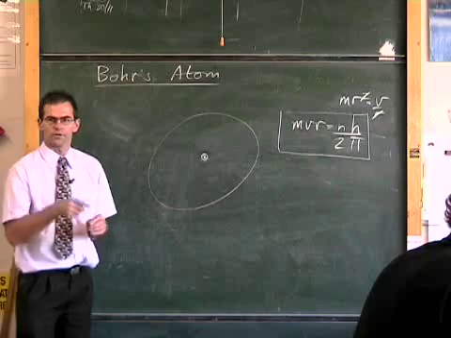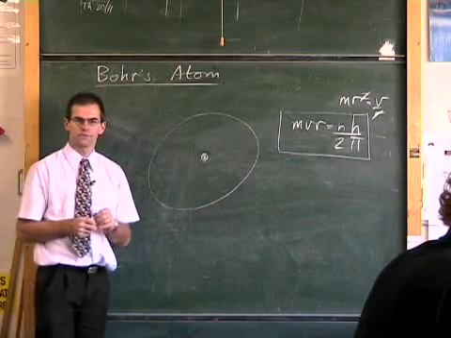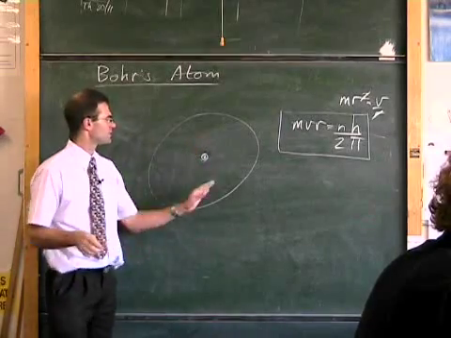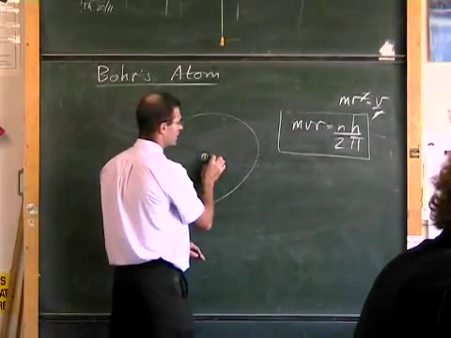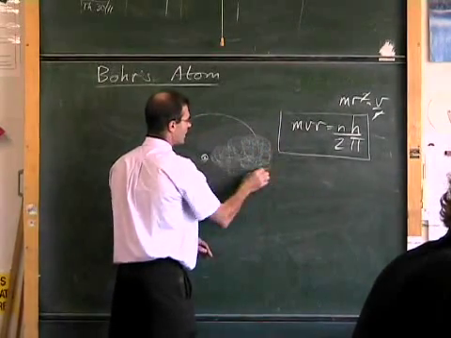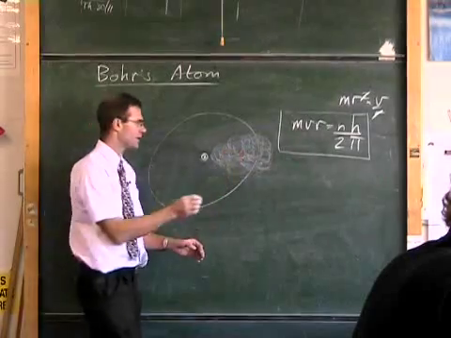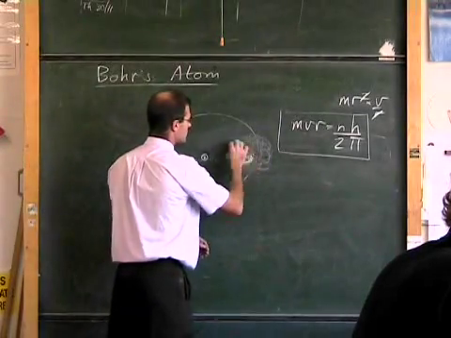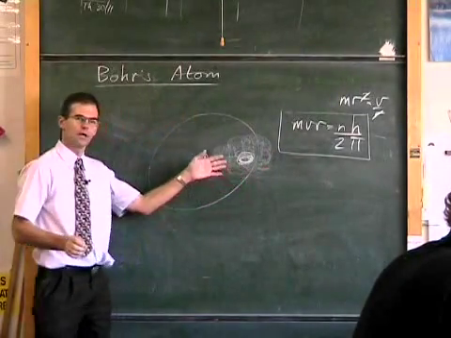Going beyond that, there's the model of the atom with electron clouds, where he's saying there's a cloud of electrons in this area, but we can't say exactly where. There's a good probability of getting electrons here, not such a good probability here.